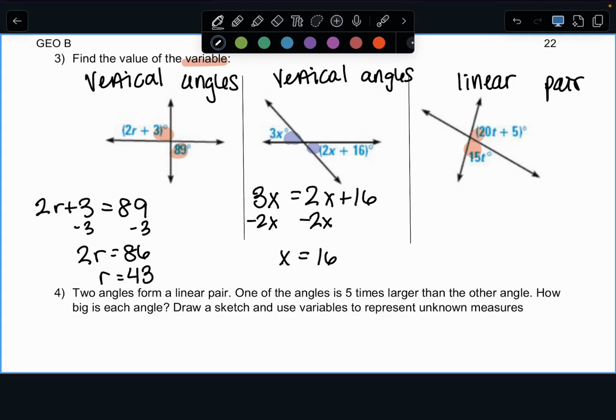So linear pairs are, like Logan said, supplementary. So these two angles have to add to what number? 180. So we add them together, we set them equal to 180.